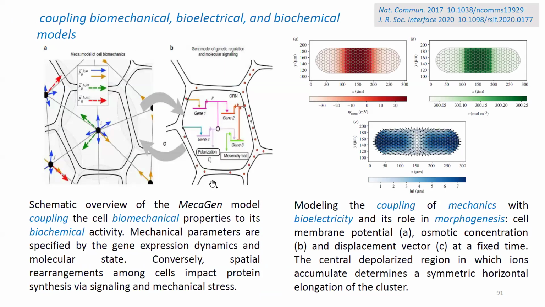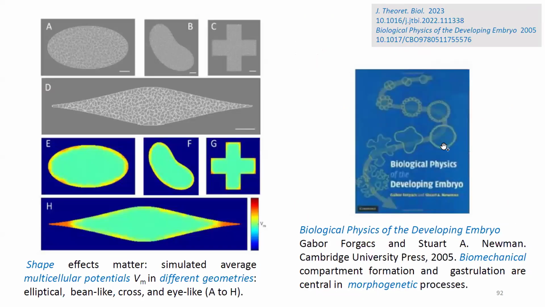And there are some models that try to connect biomechanics with transcription, biomechanical networks with biochemical networks, and also bioelectricity with biomechanics, that show that not only the sizes and the distance, but the shape matters. And this is well known. The biological physics of the developing embryo has traditionally put biomechanics in a central role.